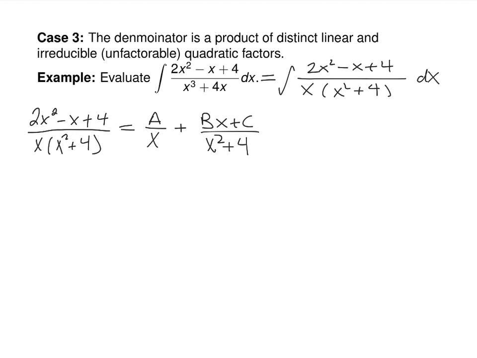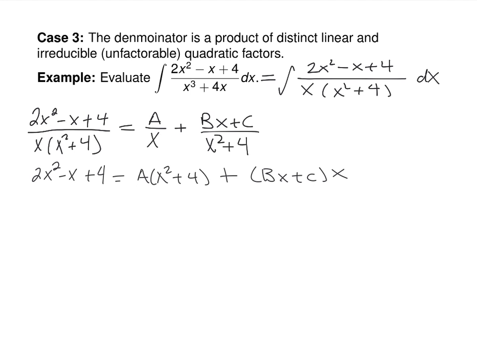So that's the breakdown. So now multiply by the denominator of the left side, and we'll have 2x squared minus x plus 4 equals a times x squared plus 4 plus bx plus c, the whole quantity, times x.